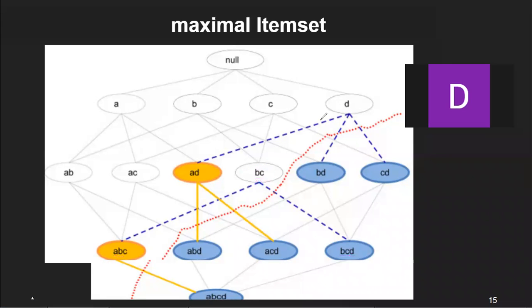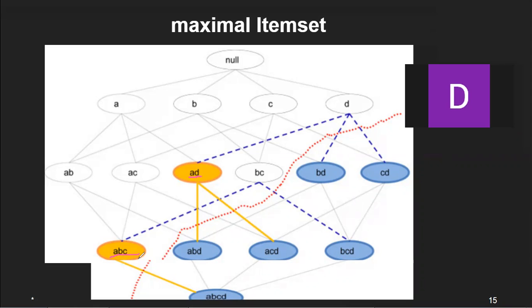Again, we have to focus on the supersets for AD and ABC. Just concentrate on this AD. The supersets of AD and ABC are characterized by the solid orange line. ये AD और ABC को हम लोग solid orange line में highlight कर रहे हैं.